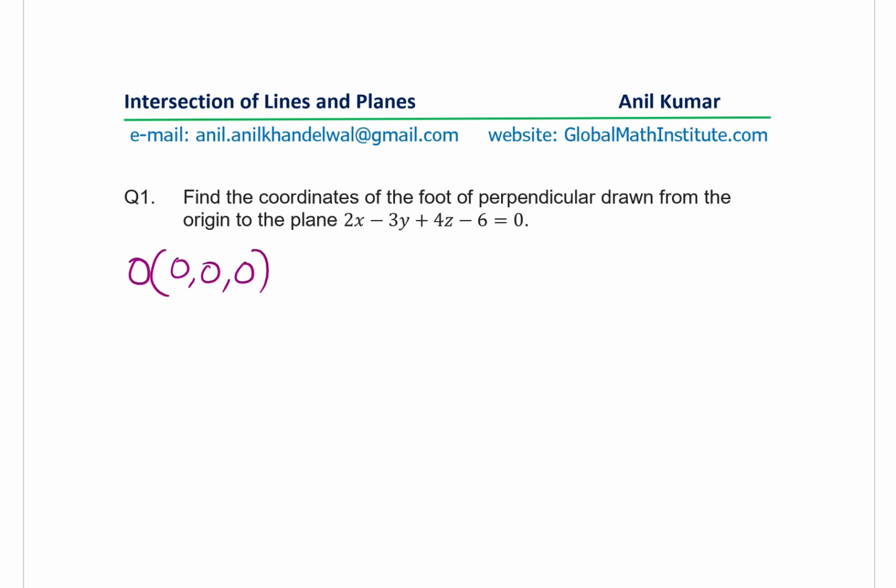Let's call it Q. So Q is the point (0, 0, 0), and from here we are drawing a perpendicular to the plane pi, which is 2x minus 3y plus 4z minus 6 equals 0. We need to find the foot of the perpendicular. So that is the particular question.